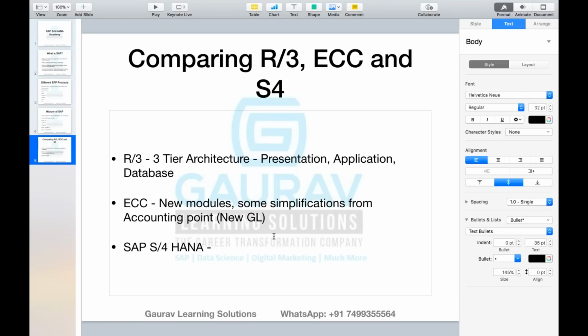But if there is no money, there is no point in having production, purchase, sales. Ultimately, everything is related to money, and money comes in the finance department. So CFOs, Chief Financial Officers, are normally the people who take the decision whether to upgrade the product or not.